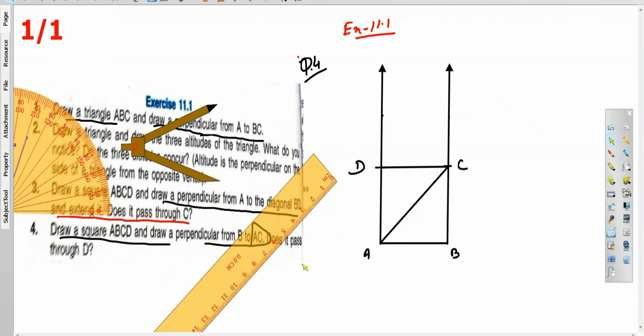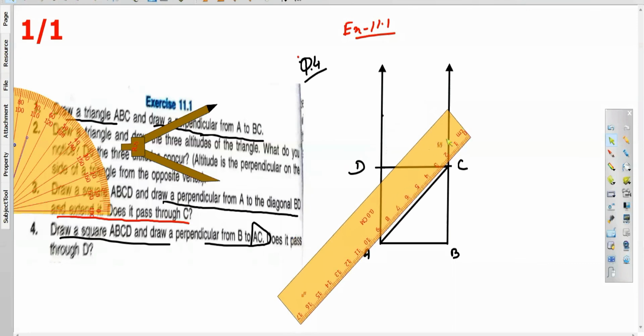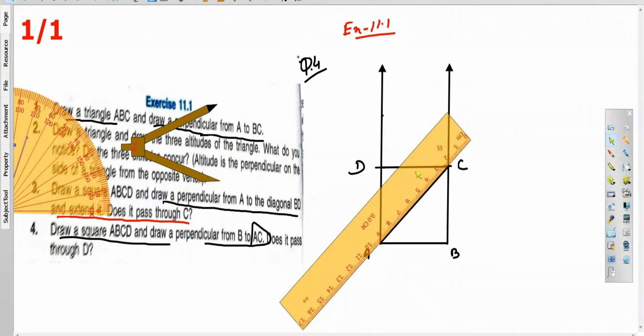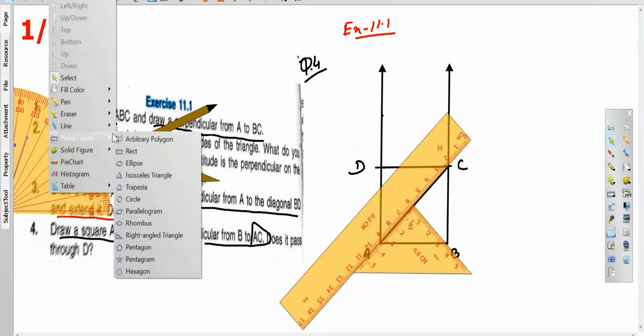We'll bring the scale to the line segment AC like this, and then we'll take the set square, with the base kept towards the scale and the other upper part kept towards B. Now we will join a straight line, that is the perpendicular line from B to the diagonal AC.